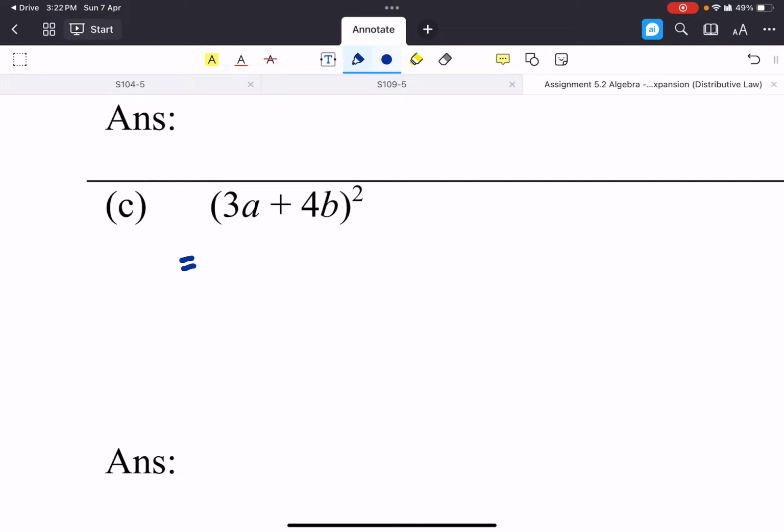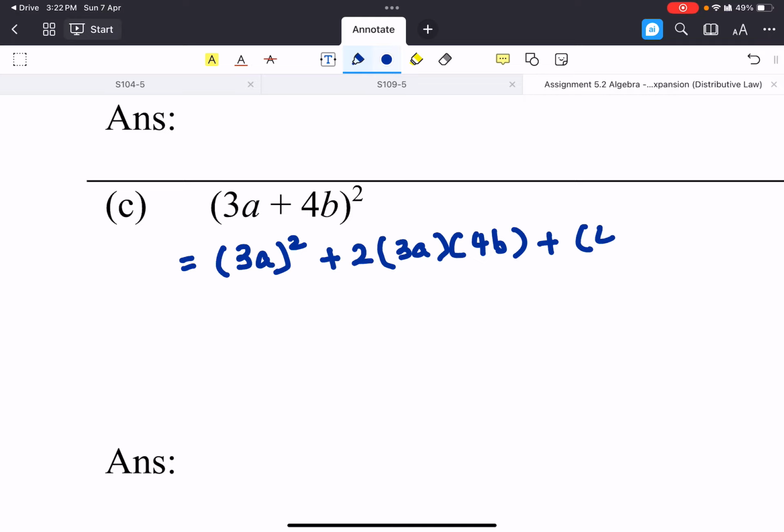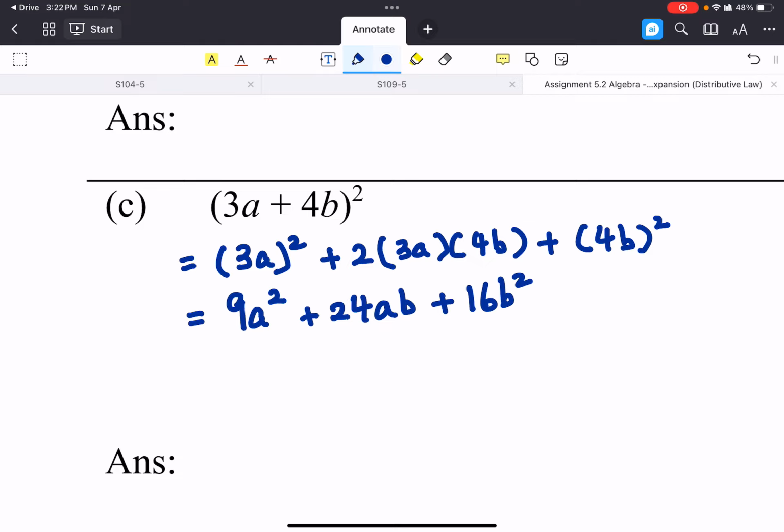In this case, you can use more than one method, but what we do here is we can have 3a squared plus 2 times 3a times 4b plus 4b squared. If you're not sure, this is known as the algebraic identity or quadratic. You can check it out. So you end up with 9a squared plus 24ab plus 16b squared.